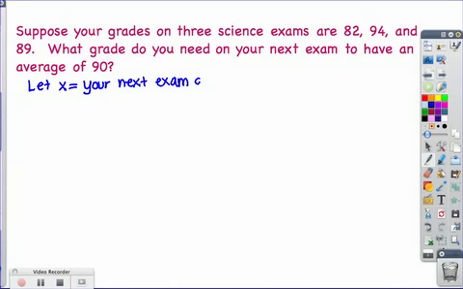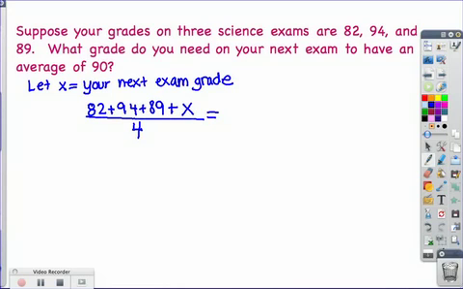So far, you've earned 82, 94, and 89, plus an unknown score, X, and then I can divide that by the total number of data points. Once you've taken this exam, you'll have 4 exam grades. And we want our average to equal 90.